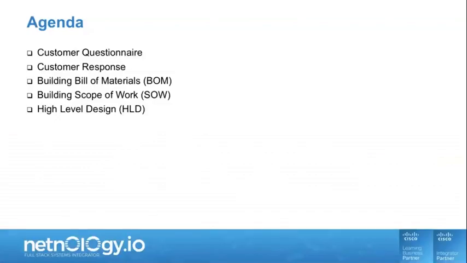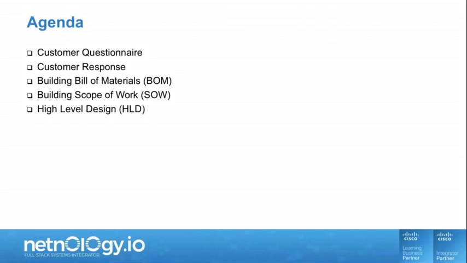So let's quickly take a look at the bill of material. Now, in order to have a bill of material, there are some key components. We need to understand what the customer is looking for, what outcome they are looking for. We all know it's so exciting to get to the new technology. It is so exciting to go ahead and deploy something new. At the same time, we have to have realistic expectations. We need to make sure we are giving the customer the right tools.